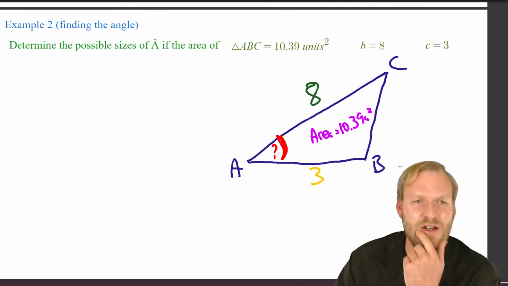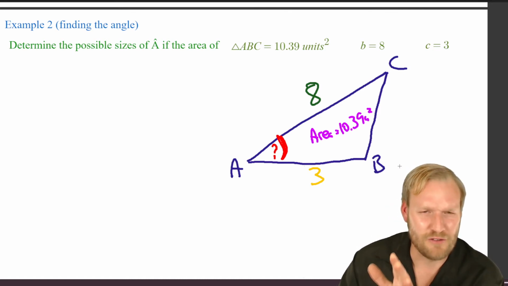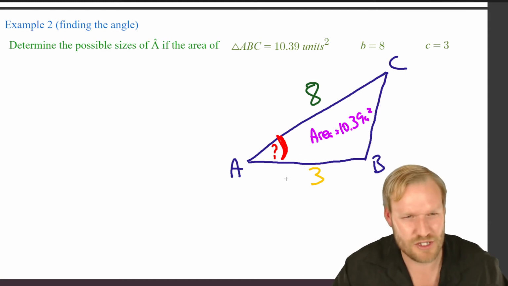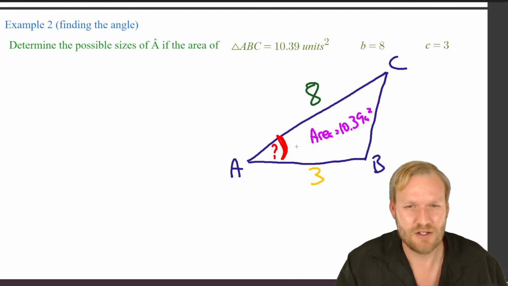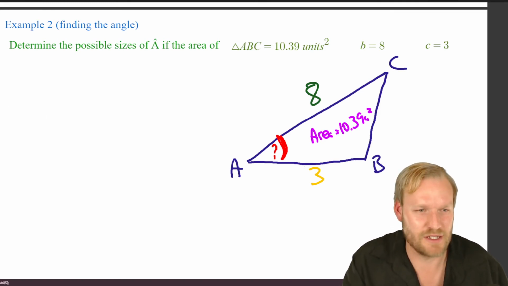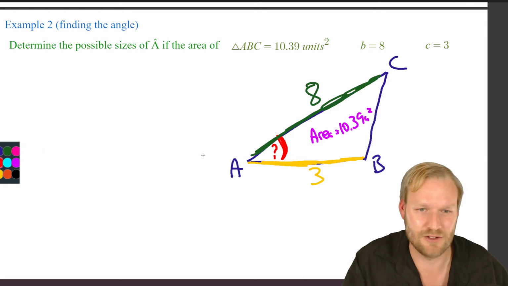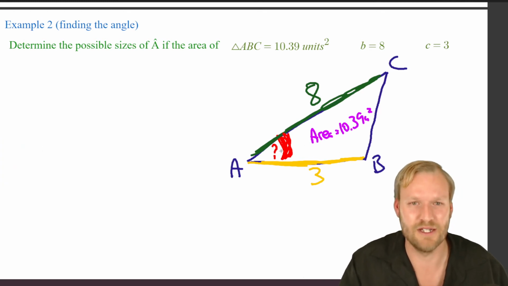So how are we going to use our newfound formula to find out what the angle A is? And I'm interested to see what and how you put that. Yeah, I think we've got our formula that says, well, we're looking at this side over here, and this side over here, and the angle that's in between them, that one there.